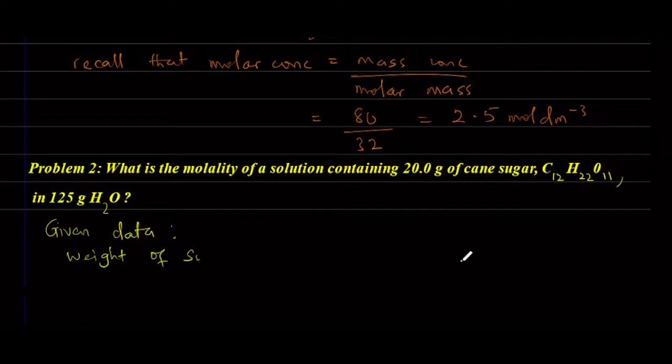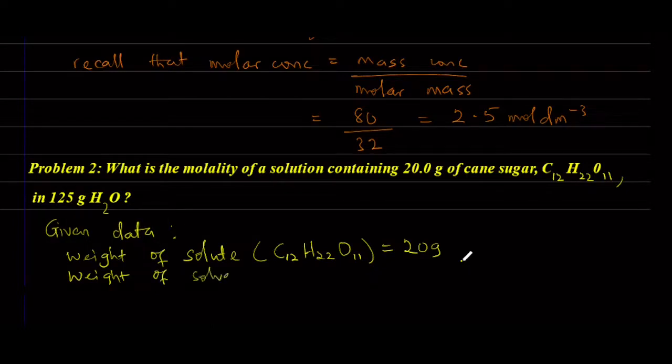Mass of the solute, which is cane sugar, C12H22O11, is given as 20 gram, while the weight of solvent involved, H2O, is given as 125 gram.